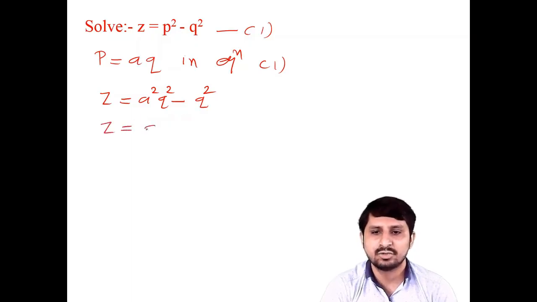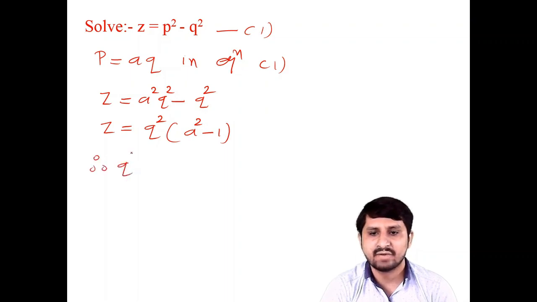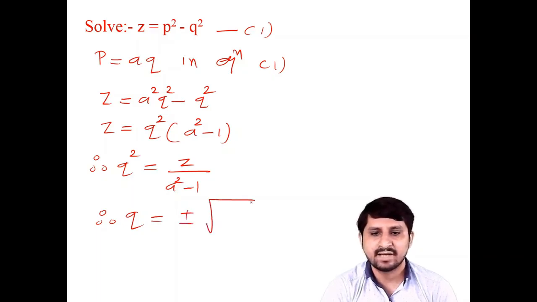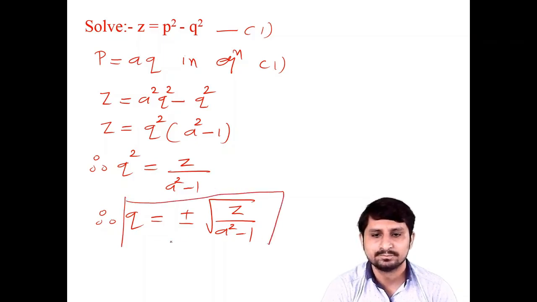So z is equal to q square, taking it as common, in brackets we have a square minus 1. So q square is equal to z upon a square minus 1, and q is equal to plus or minus square root of z upon a square minus 1. So this is the value of q.